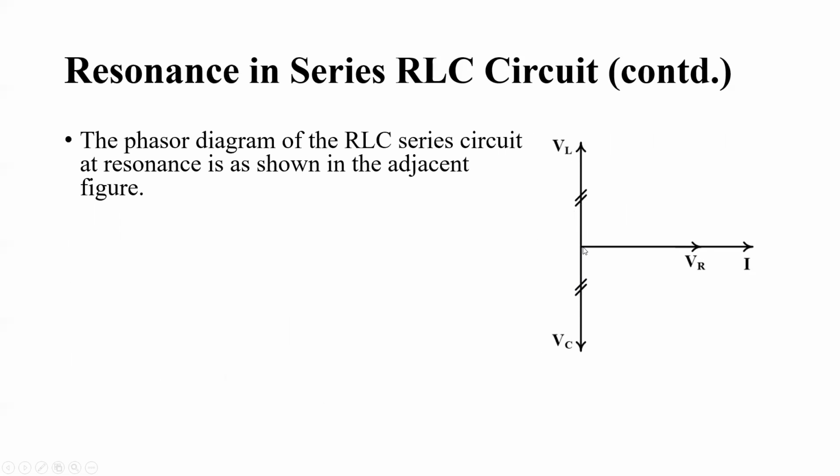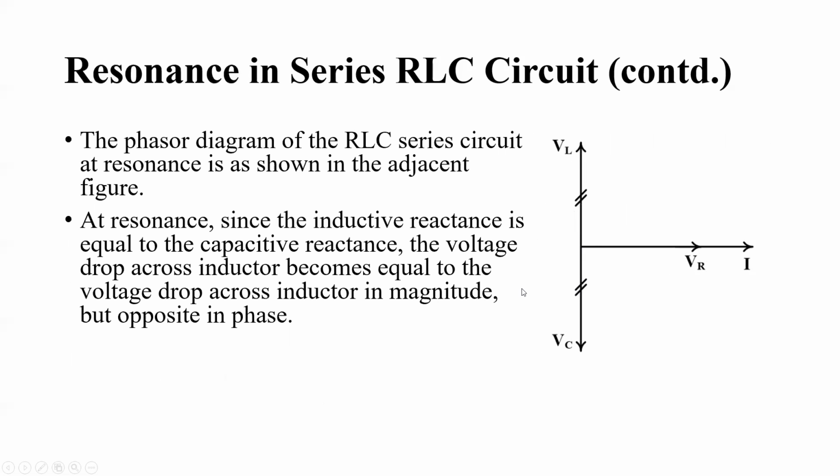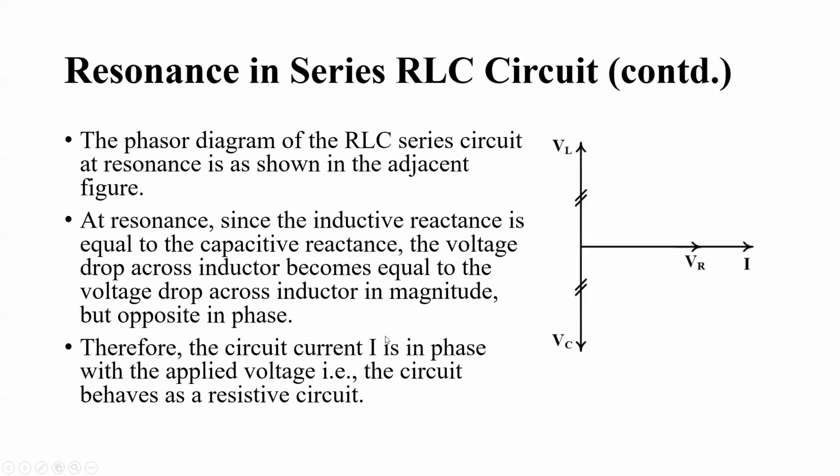What remains is only VR, and the value of VR will be equal to the source voltage V. Since the source voltage V is equal to VR, the source voltage is also in phase with the source current. Therefore, the circuit current is in phase with the applied voltage, and the circuit behaves as simply a resistive circuit.